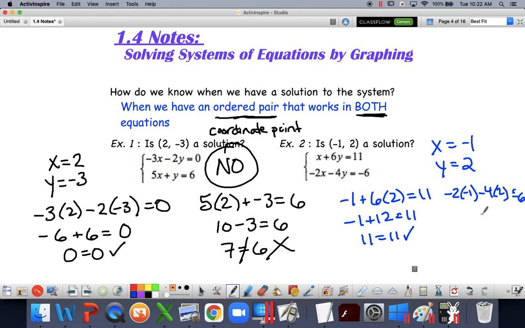Oh, we're running out of space. Works in the second equation. Hopefully we can all see that says equals -6 there. So since it works in both equations, I get true statements in both of those. The answer to this question is yes.